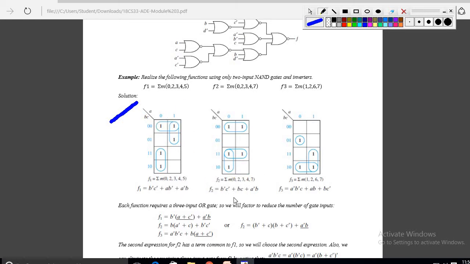Like that you have to write for this also. First for this expression it is B bar C bar. And if you want to write for this, C will go 1 and 0, because the only thing is B, right, 1 1. So B A bar B. For this 0 1 will go, BC will be remaining. So this is what exactly you have to write, the expression like this.